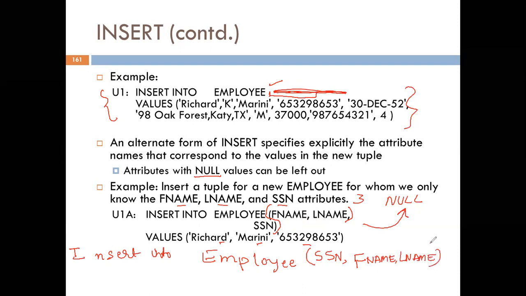This order we must specify, followed by the keyword values. So the SSN value 123456, followed by the first name and then the last name. Those things can be specified like this.